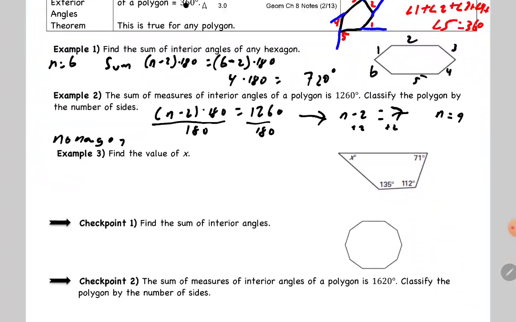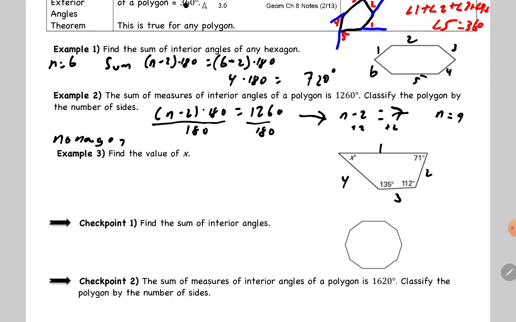Example 3, find the value of x. In order to find x, we need to know the sum of all the interior angles. If we added all these up, they should equal a specific number. So let's figure that out.